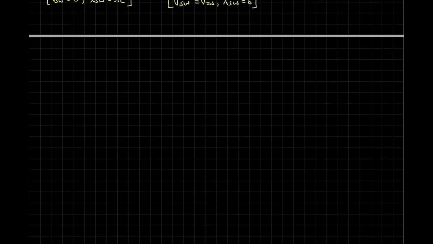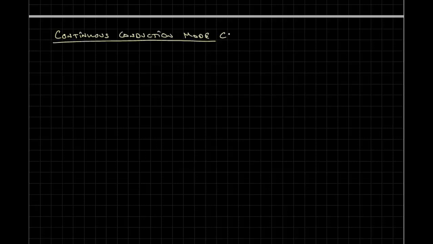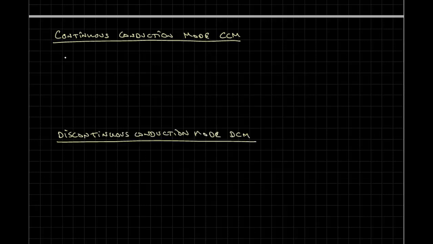So now let's put this together. Let's assume we're going to look at both modes, where first we'll look at continuous conduction mode, CCM, and then we'll look at discontinuous. What we have is the switch turns on, and then it turns off, turns on, turns off, and so forth.